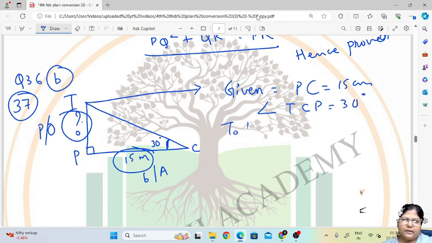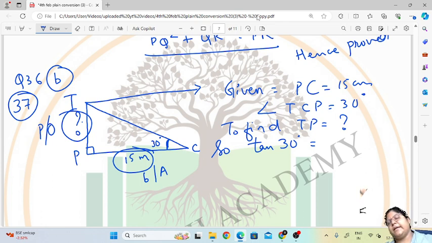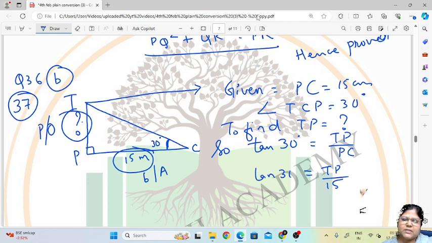To find TP. So tan 30 equals, tan ratio is opposite upon adjacent, so it is TP upon PC. TP we'll keep as TP only, and PC is 15. So how much is tan 30?